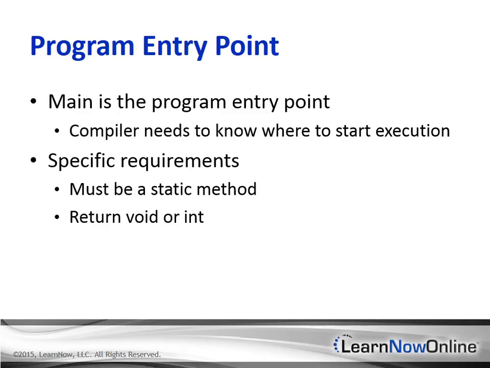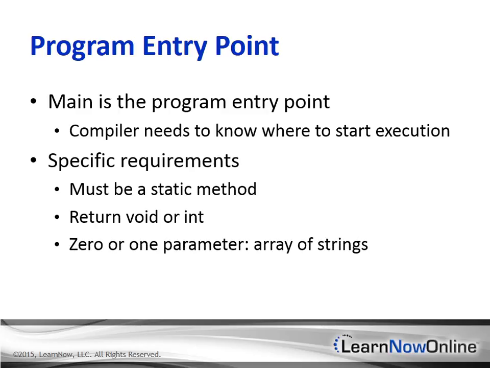Next, the entry point method doesn't have to return anything. So Hello World's main method returns, using that weird terminology, a void, which means it doesn't return anything. You can, however, return an int if you need to return error or status information, usually either a 0 to indicate success or some negative or positive value to indicate some error condition.